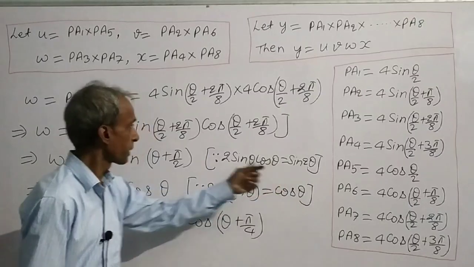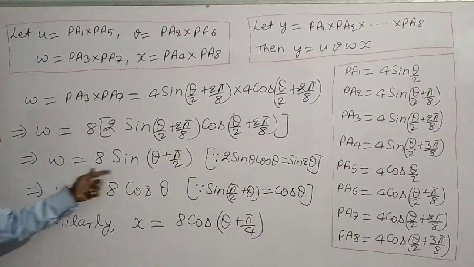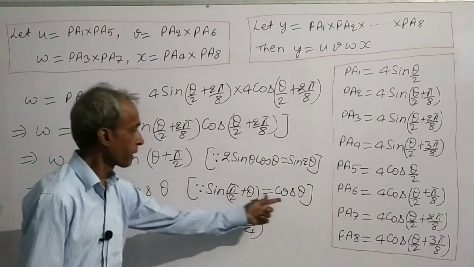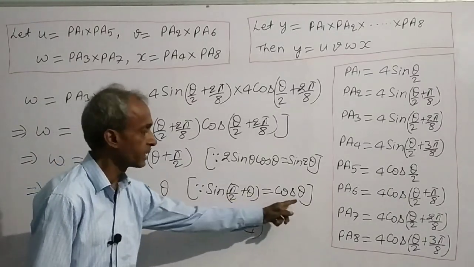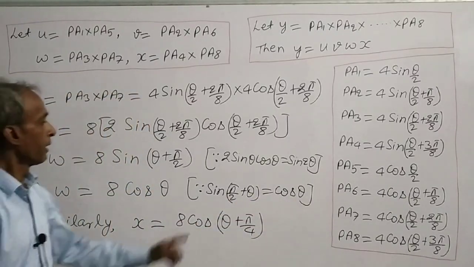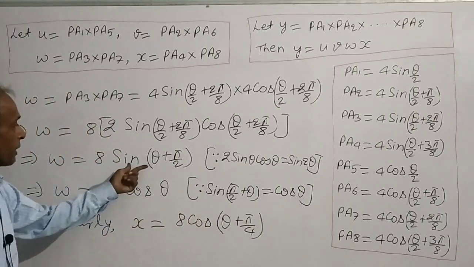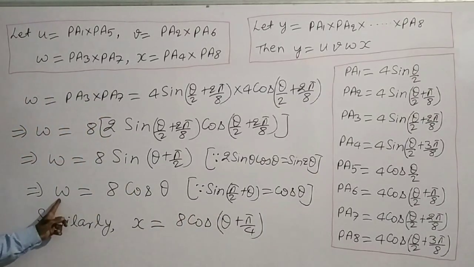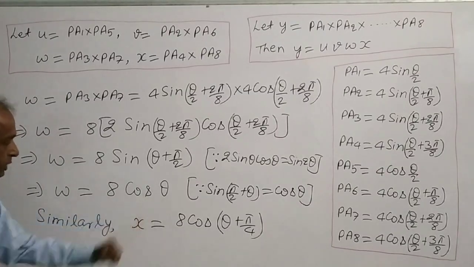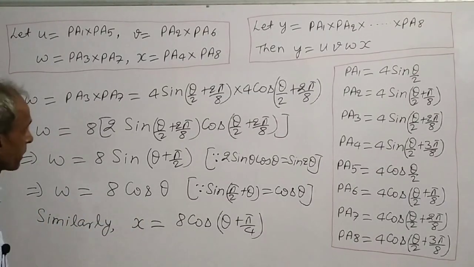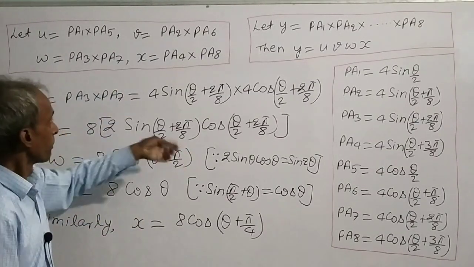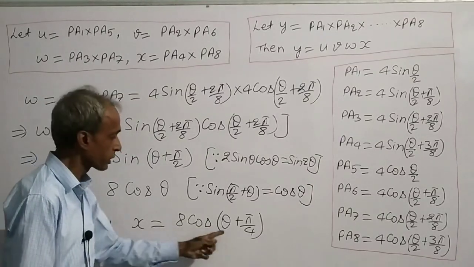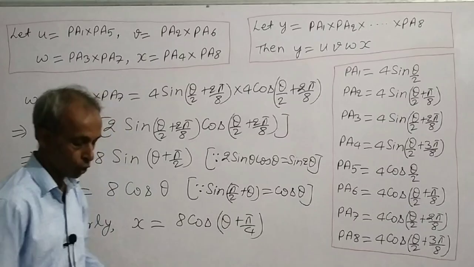By using this formula, we can write W is equal to this. This is the formula, sin pi by 2 plus theta is equal to cos theta. By using this formula, we can write this as cos theta. Therefore, we get W is equal to 8 cos theta. In the similar way, we can find that X will be equal to 8 cos theta plus pi by 4.